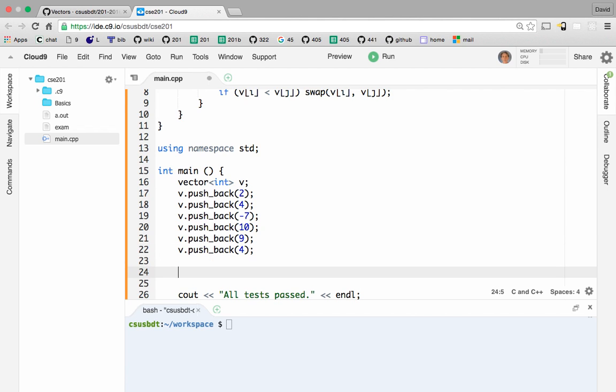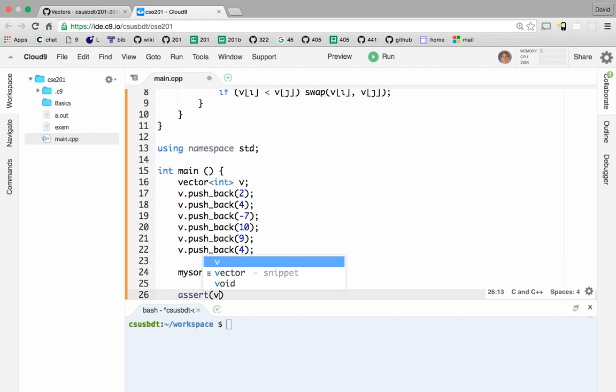And then after we push those values on there, let's call my sort. I call it my sort because there's a function called sort in the standard library, so I didn't want a name conflict there. Just want to sort v. And now we'll use the assertions. So v of 0 needs to be minus 7.